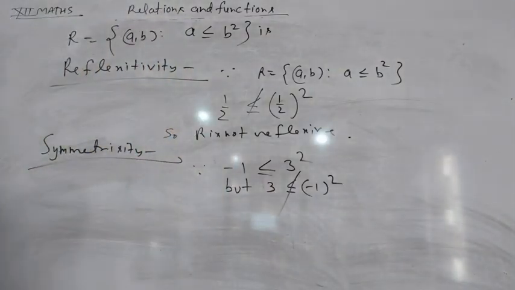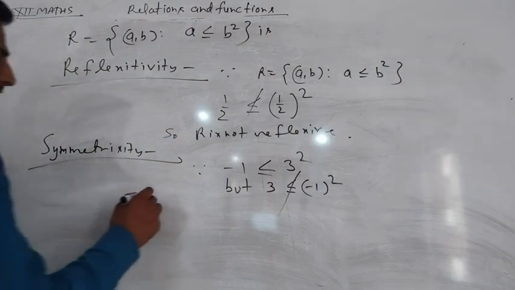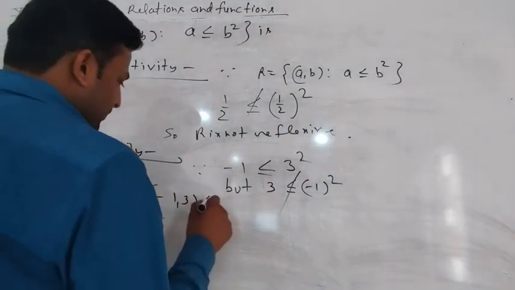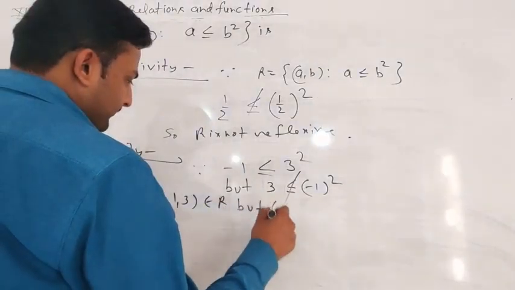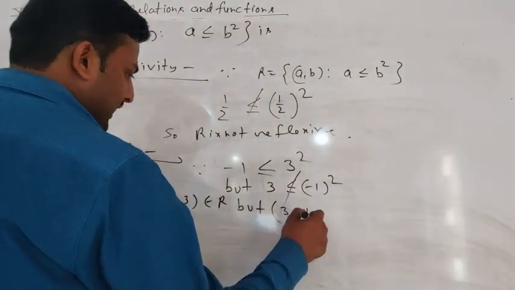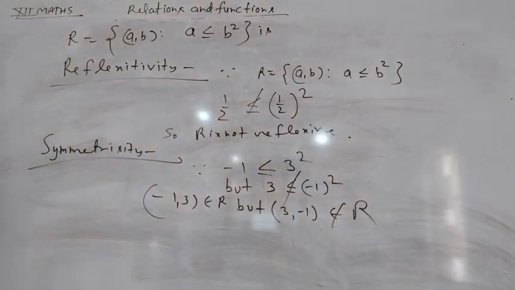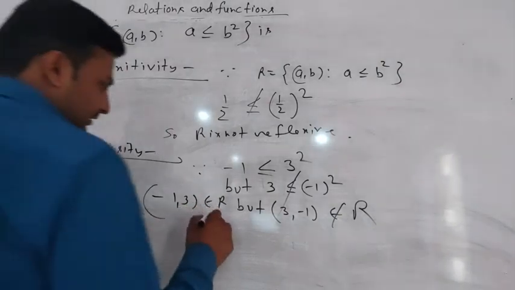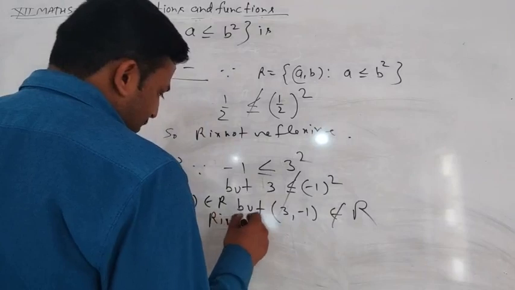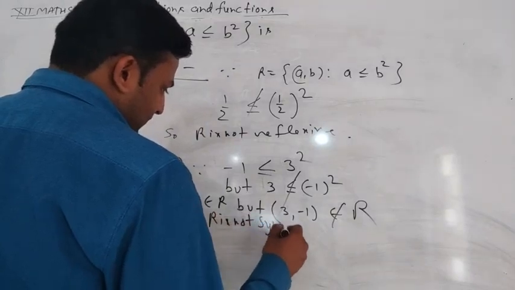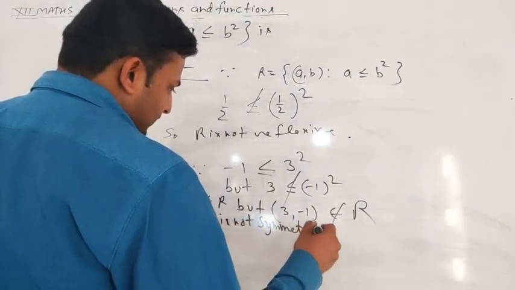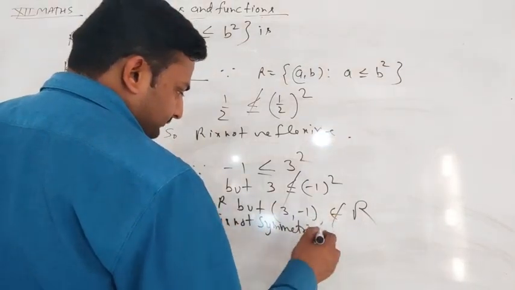Okay, 3 is not less than (−1) squared. It means that we write (−1, 3) belongs to R, but (3, −1) does not belong to R. Okay, students, (−1, 3) belongs to R, but (3, −1) does not belong to R. So our R is not symmetric.